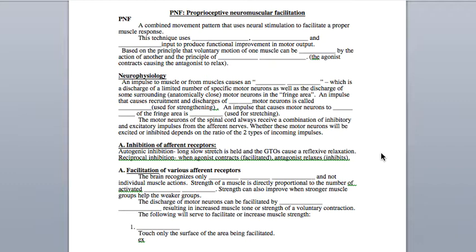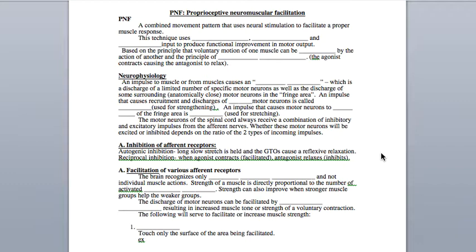When that takes place, we have a limited number of motor neurons of the quads that will discharge, but also some of the surrounding motor neurons, so some from the adductors or maybe the abductors. That's what they mean by the fringe area, are also going to discharge.